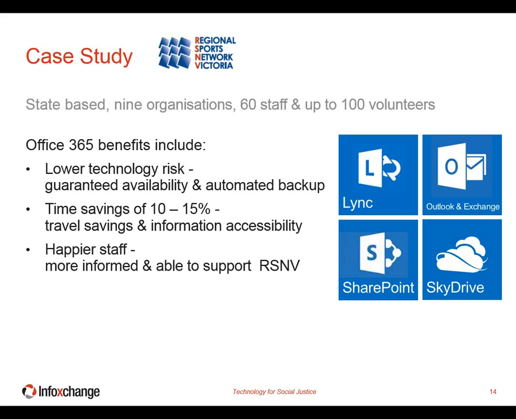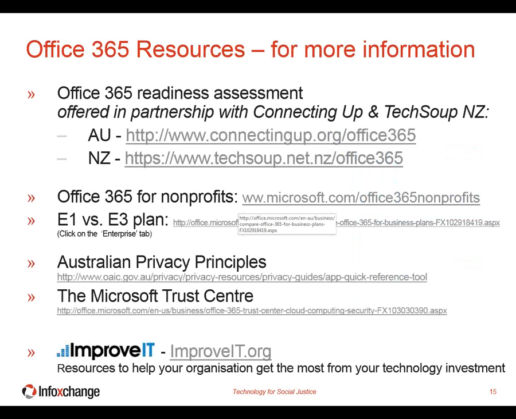These days, staff can find what they need and they can give much better advice and support to RSNV clients, and that had the unexpected benefit, when we went to implement Office 365, that they're less frustrated and feel that they're providing a much more valuable service to their clients. And that made a real significant difference to them.